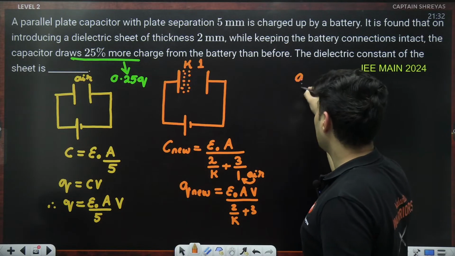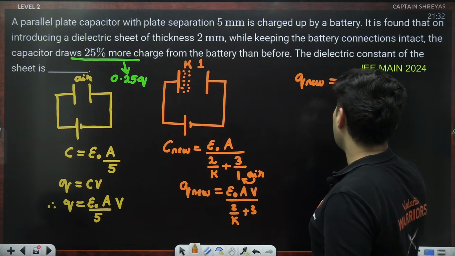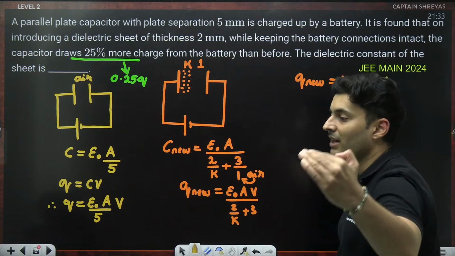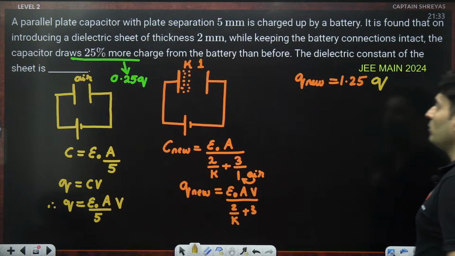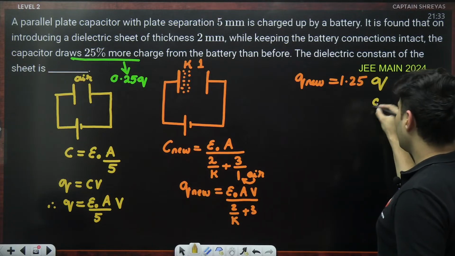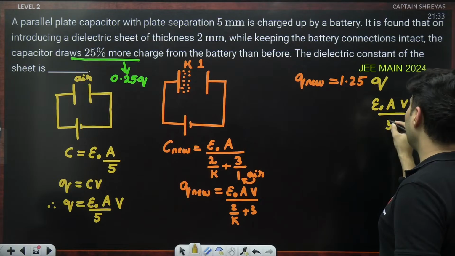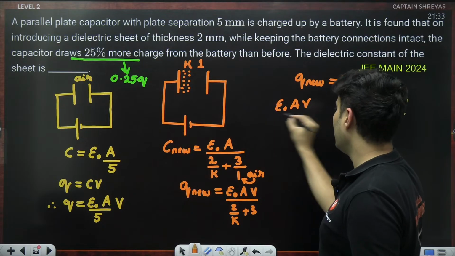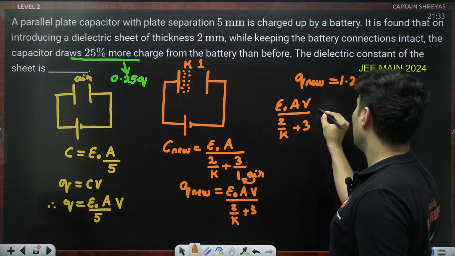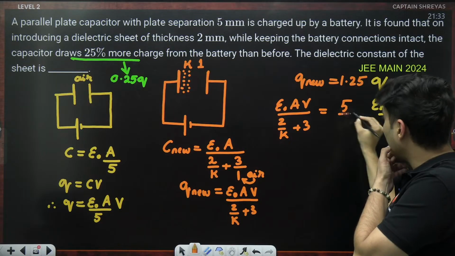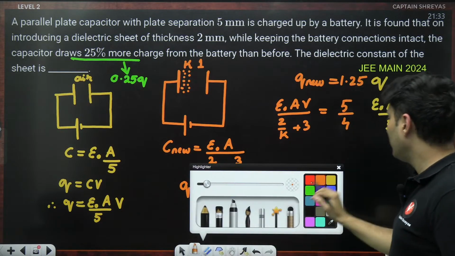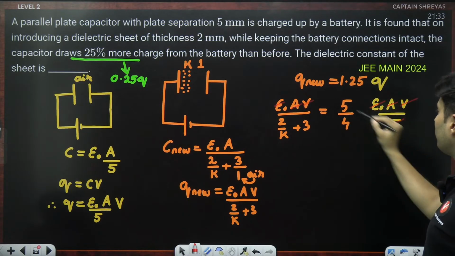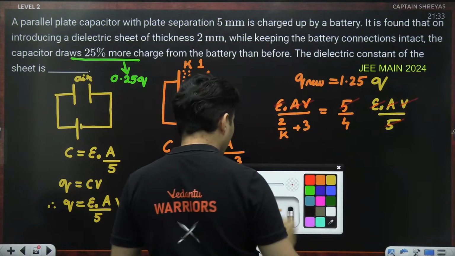So the new charge will be 1.25 times our old charge. 0.25 has been added, so 1 plus 0.25 is 1.25. This you already know is nothing but epsilon naught AV by 5. And the remaining stuff, epsilon naught AV divided by 2 by K plus 3, is equal to 1.25, which is 5 by 4. A lot of stuff will get cancelled, like epsilon, A, V, 5. Solve this, bring it on the top and you will get the answer.